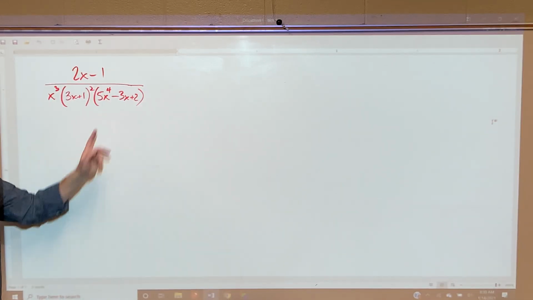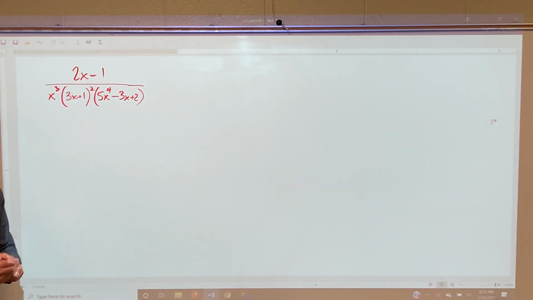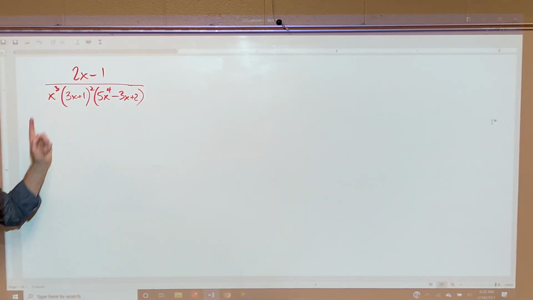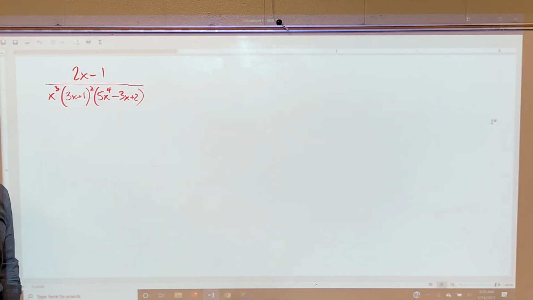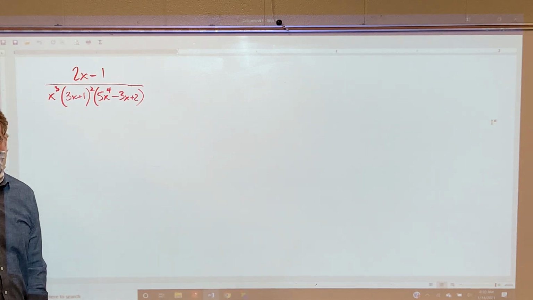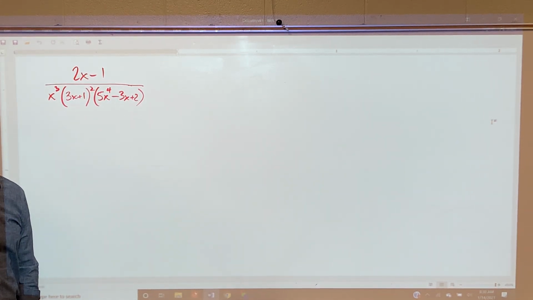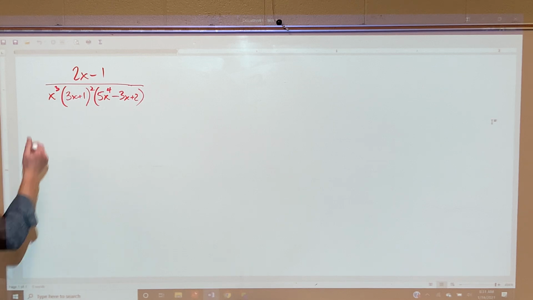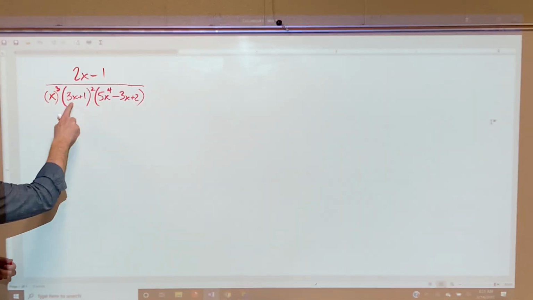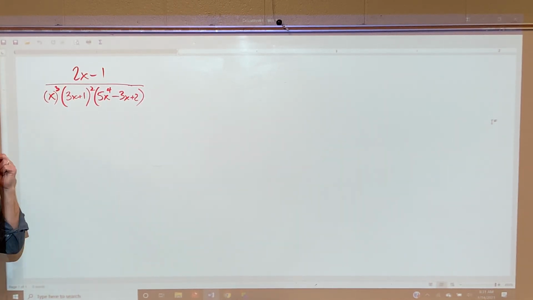All right, so right here, what are the rules for breaking this up? How do you view x cubed? Do you view it as a cubic? A cubed factor? Is that a cubic or is that a linear cubed? So we're going to look at that as if it was a linear cubed, just like I look at this as a linear squared.